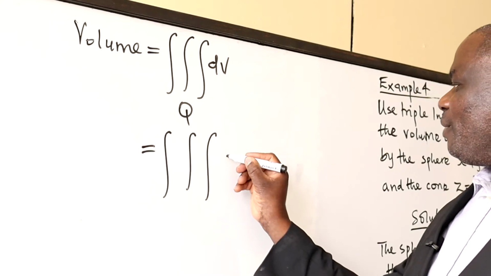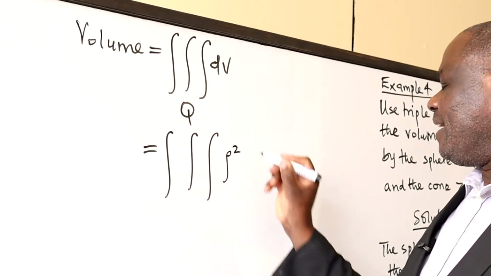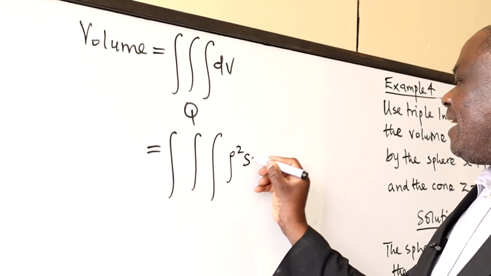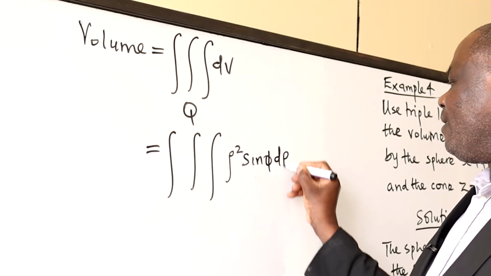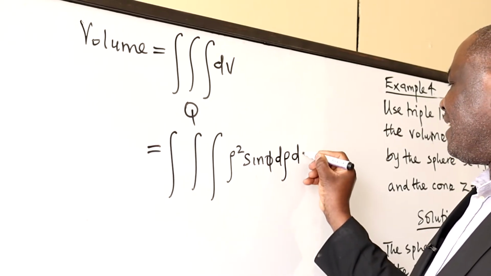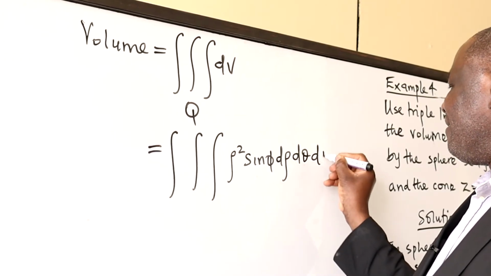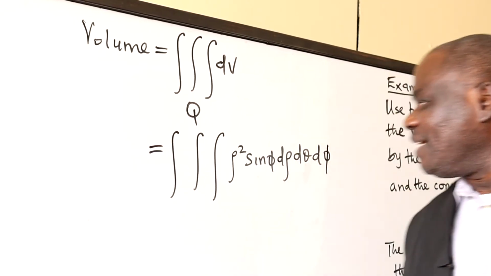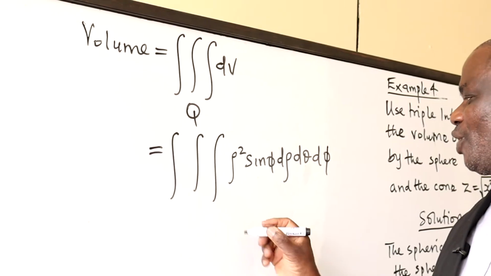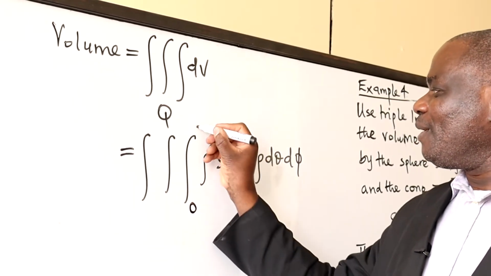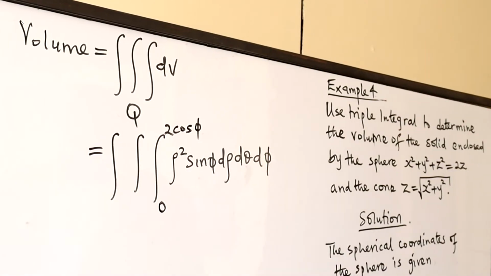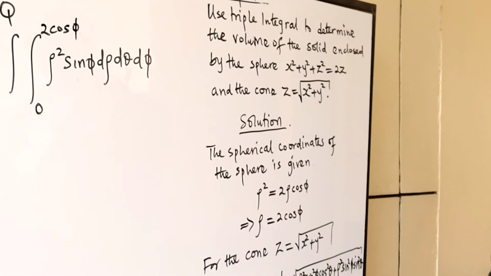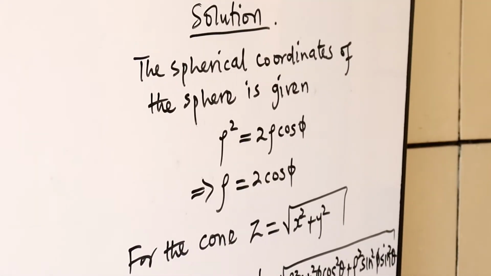So our dV will be rho squared sine phi d rho d theta d phi. Now our rho will be changing from 0 to 2 cos phi. The way we got it here, it will be changing from 0 to 2 cos phi.